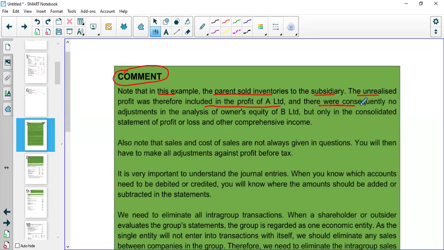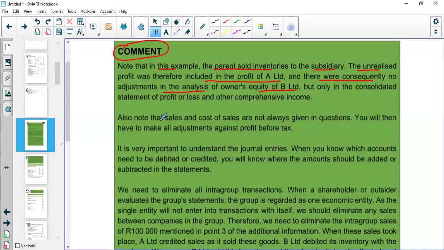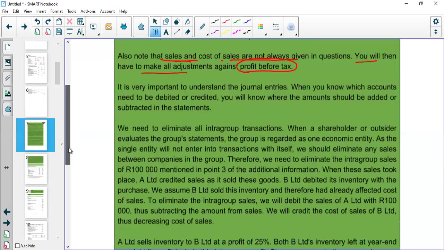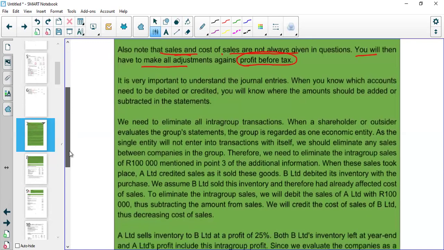And therefore there were no adjustments in the analysis of B, because B, the subsidiary, is not the seller. Also note that sales and cost of sales are not always given in quotients. You will then have to make all adjustments against profit before tax. So sometimes you have to do the complete thing, sometimes you just start from profit before tax.